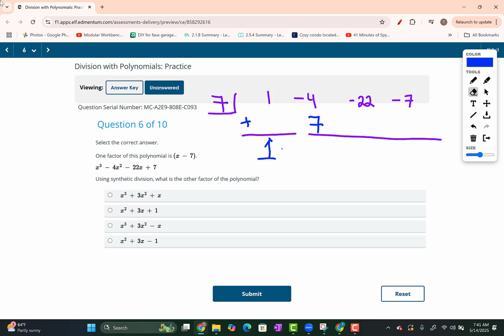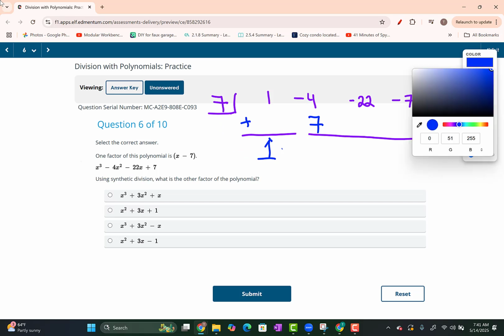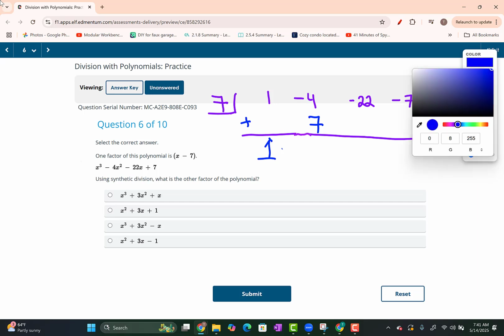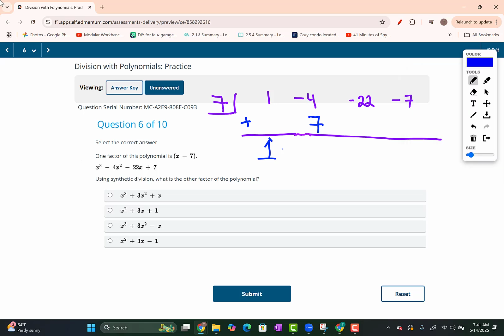All right, so I'm going to erase all that work. Redraw my number line. And then at this point, we're just going to repeat that process. Add and then multiply. So -4 plus 7 is 3.